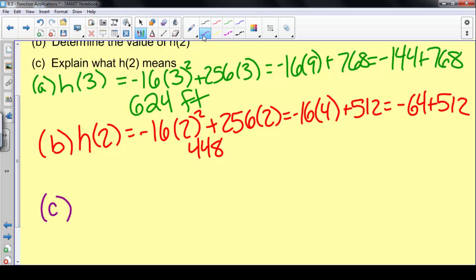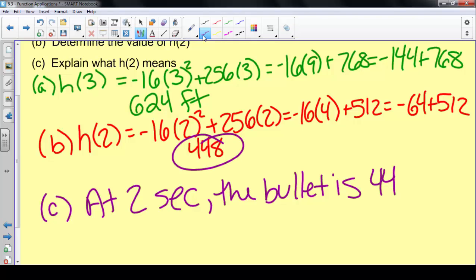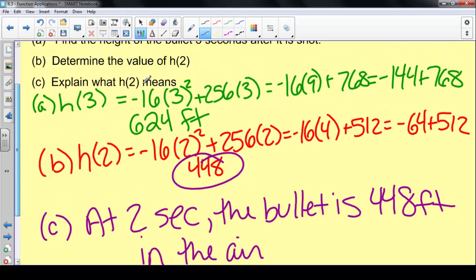So what it means is that at 2 seconds, the bullet is this 448 feet in the air. So given just something like this right here, you need to be able to tell me what that is actually telling us in terms of the problem.